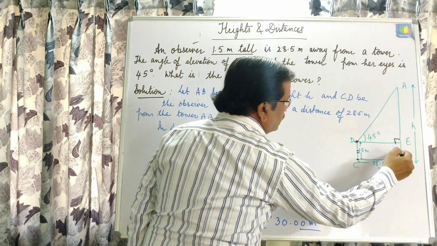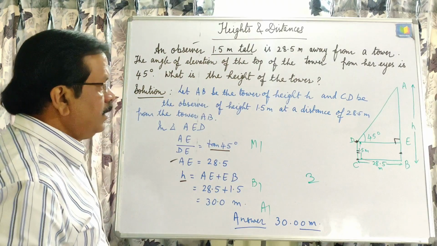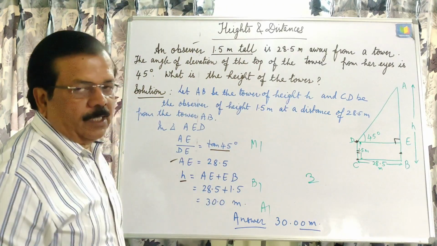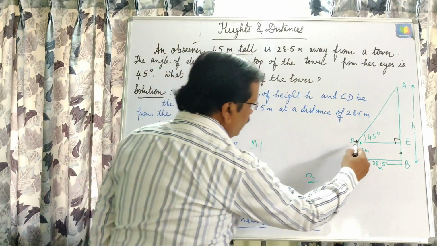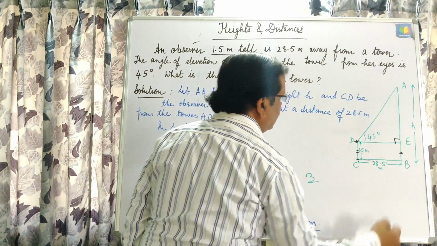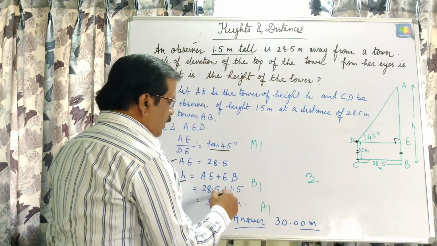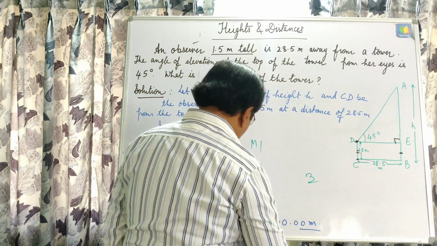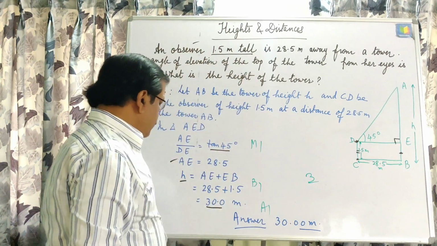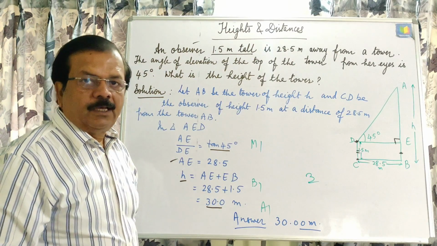This will be the same as this, because of being a rectangle. You can clearly see this is a rectangle, so opposite sides will be equal and these two lines are parallel. So 28.5 plus 1.5, this way 30.0, and so the height of the tower is 30 meter.